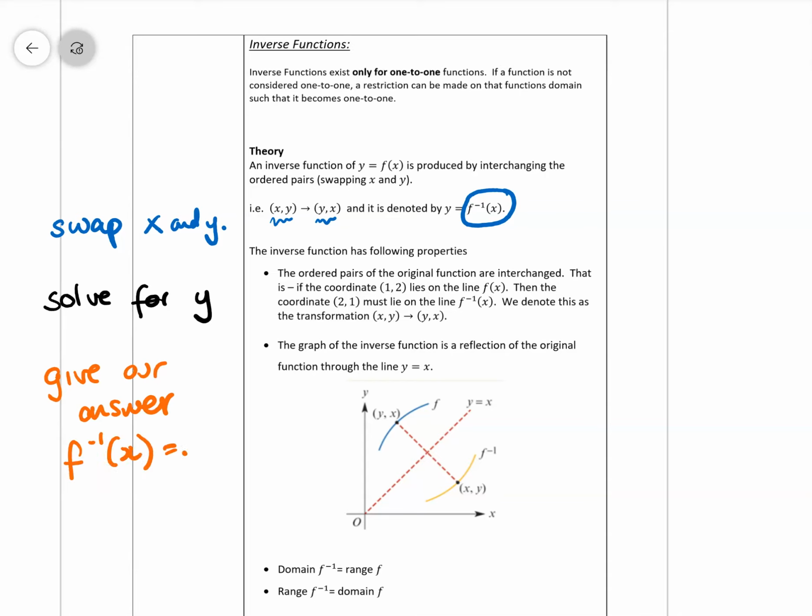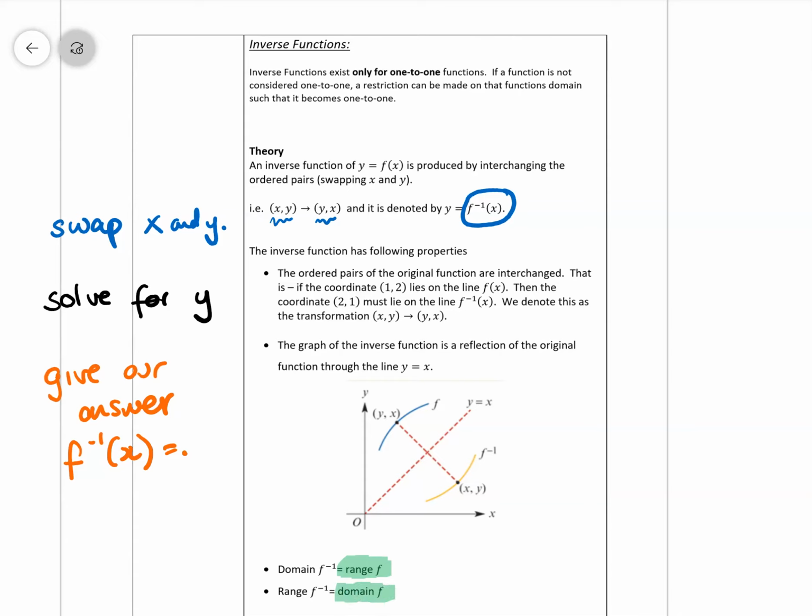Now another interesting property that we're going to look at is the fact that when we do find the inverse function, the domain of that function is the old range of the original. So the domain of the inverse is the range of the original. Vice versa is true as well, that the range of the inverse is the domain of the original.